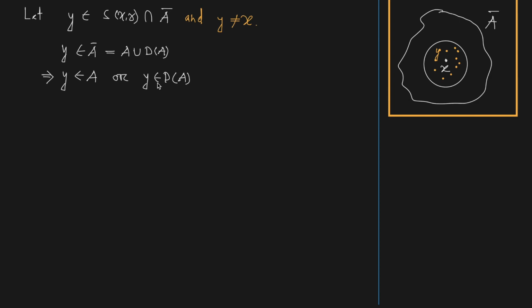So that is, y either belongs to A or y is a limit point of this set A. Clear?